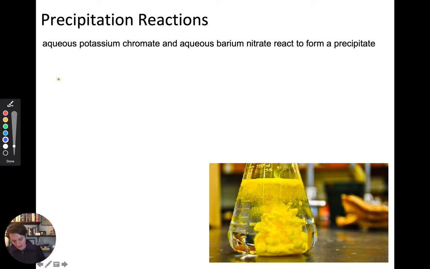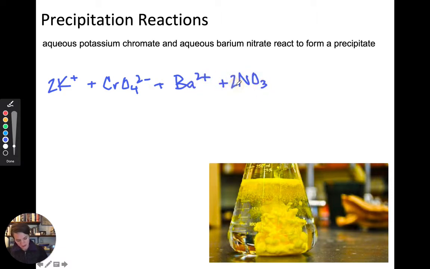So we have our K+, our CrO4 2-, our barium 2+, and our nitrate, and those are all of our reactants, and they're all aqueous. And the question is, okay, what solid forms here?